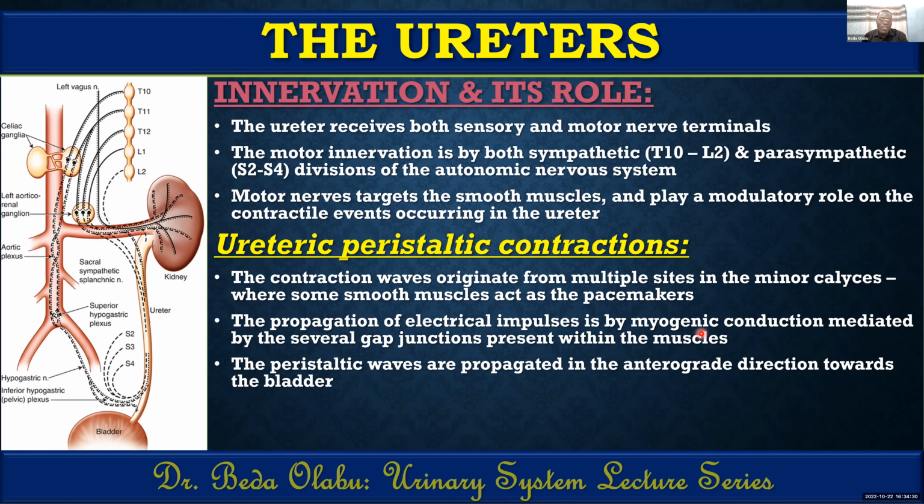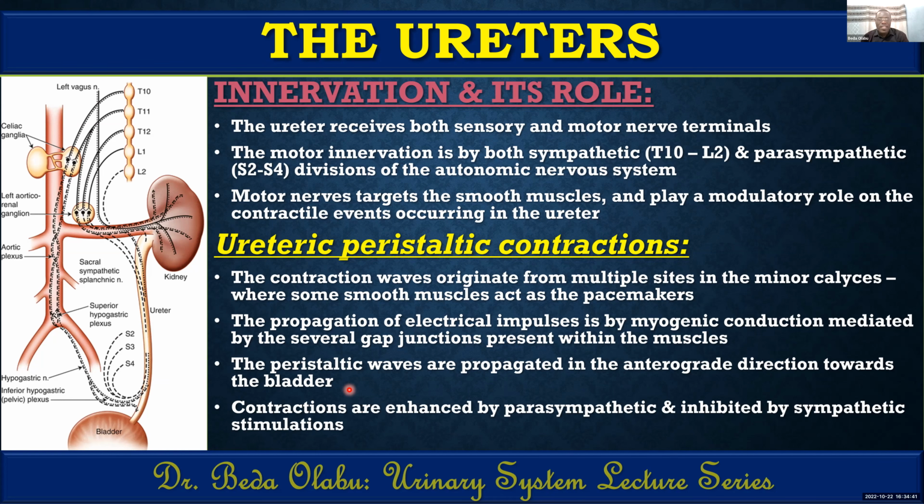So the peristaltic waves are carried in an antegrade direction from the minor calyces all the way to the urinary bladder. These waves occur at about 1 to 5 waves per minute, and they're the ones that are responsible for the spurt mechanism of bladder filling. The contractions of the ureter are enhanced by parasympathetic stimulation, but inhibited by sympathetic stimulation.